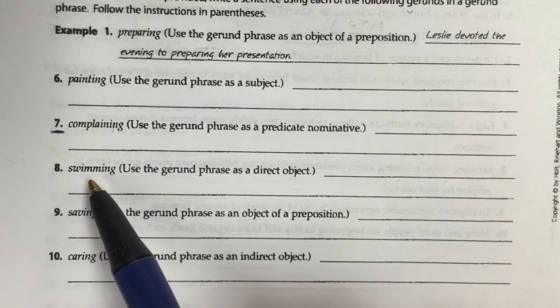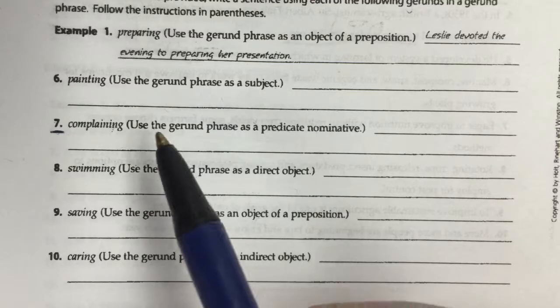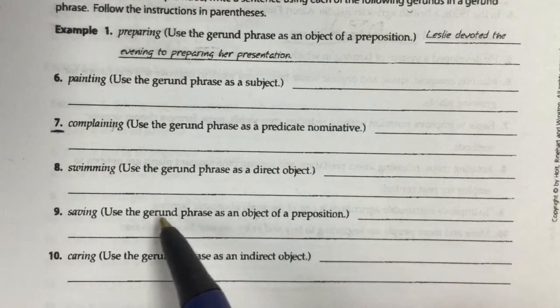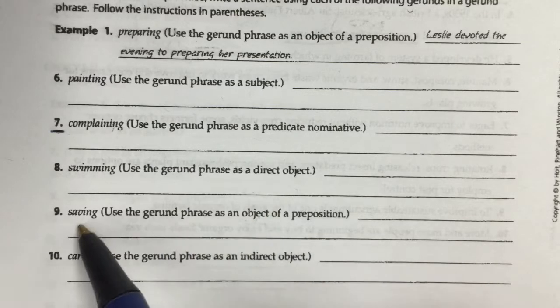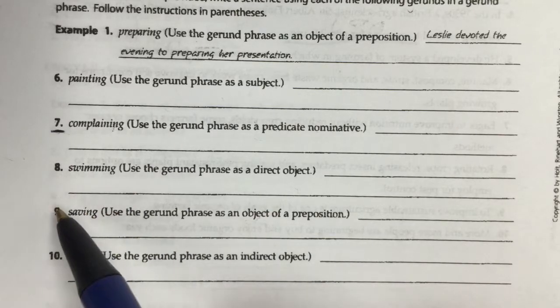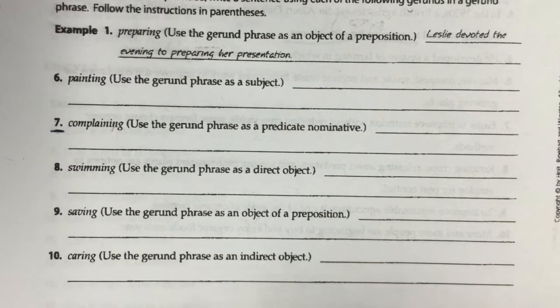So swimming is a direct object. You want to talk about the activity of swimming. Something like she likes swimming would work. Use a gerund phrase as an object of a preposition. Saving. So you just need to put a preposition in front of it. She's really good at saving money would be a good one. Caring is an indirect object. Use the verb give.